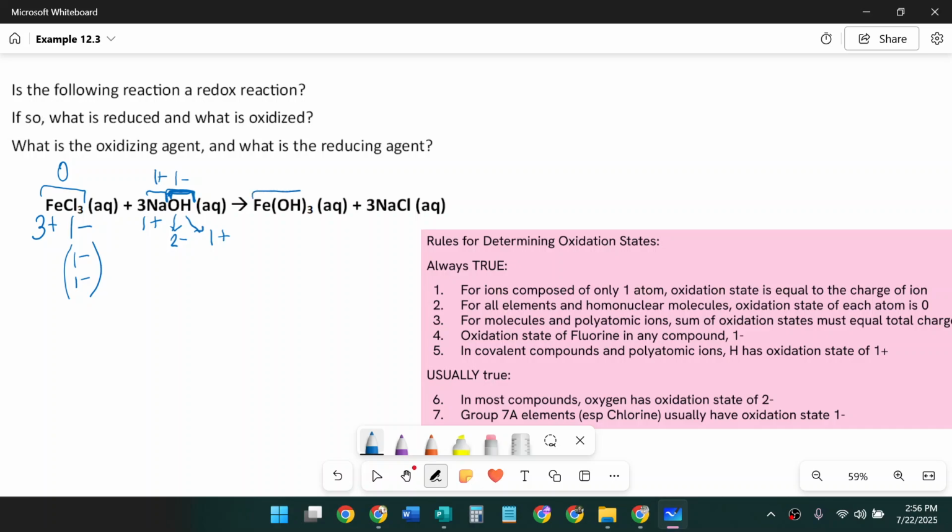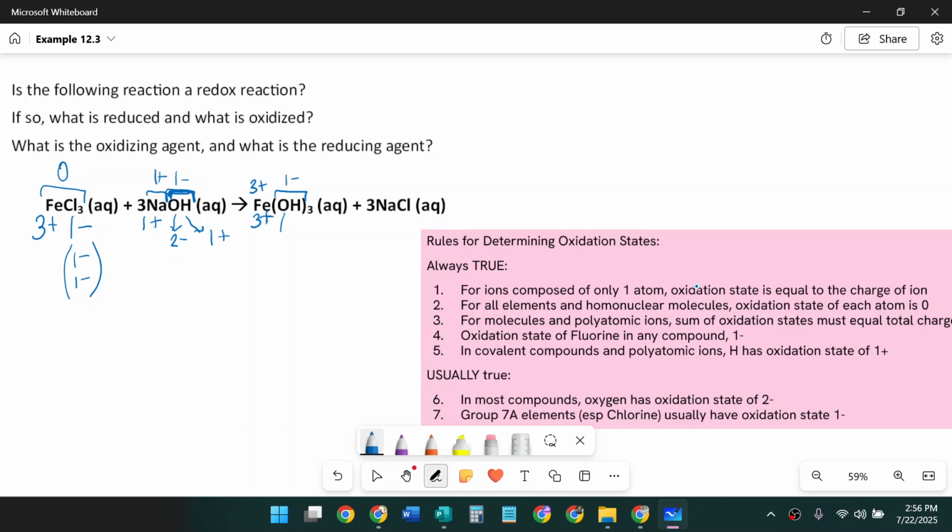All right, next we have this one. Again, here's our OH, our polyatomic ion in there. And so you can kind of see that we've got a 3 here, an imaginary 1 here, and you can move those up like you would when you're doing other atomic compounds. So Fe is going to have a 3 plus charge. And then OH as a set is going to have a 1 minus charge.